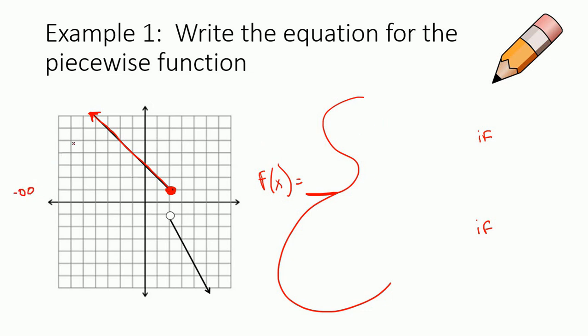From -infinity to 2, my line is covering. So it looks like x can be less than or equal to 2, because that was a closed dot, wasn't it? Let me double check. Is that a closed dot? Yeah, it was. So x can be less than or equal to 2, and then here I got an open dot, so x can only be greater than 2 right there.